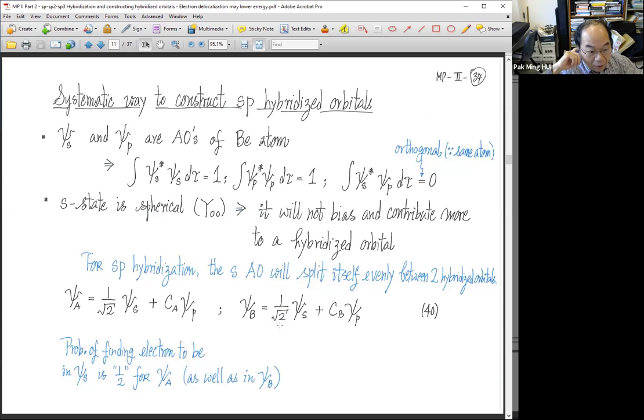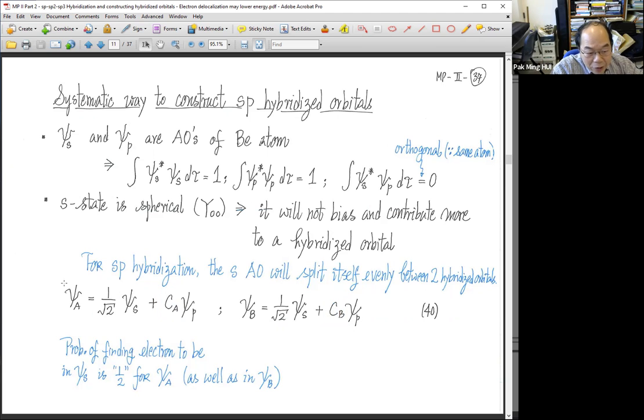It means the following: this squared half is the probability of finding the electron in the s in this combination. So this half means it's not going to bias A or B. Get that? So what is left is to find this coefficient and that coefficient, then we are done.